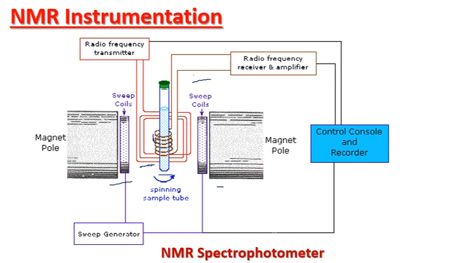Emission of absorbed radio frequency energy is monitored by a dedicated electronic device and computer, in which you will get the graph.